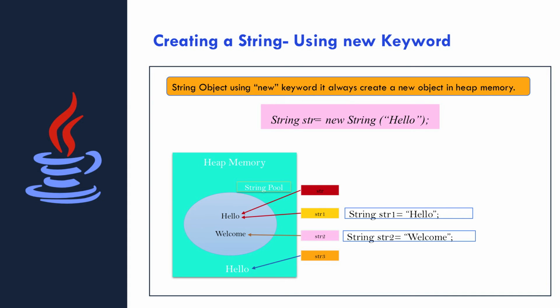So it is always a new object. It is not going to point to the string pool. So this is the difference between how we create a string literal and how we create a String object. Object construction happens with the new keyword and it is always a new object.